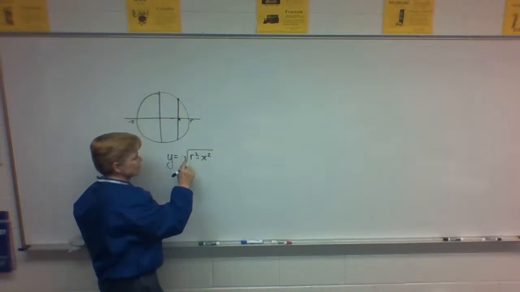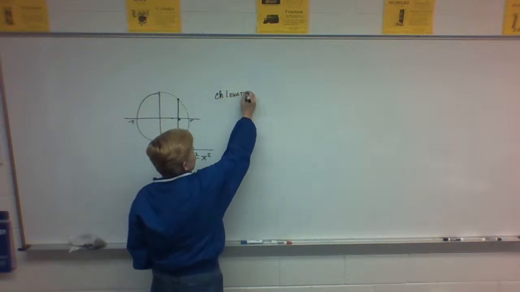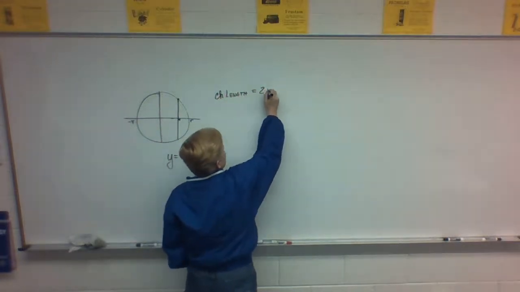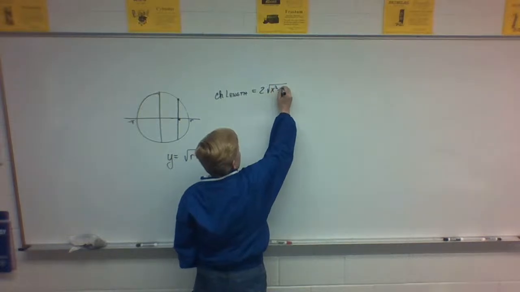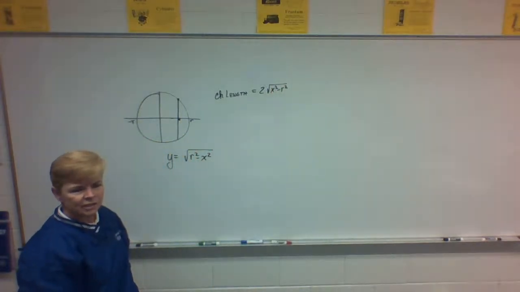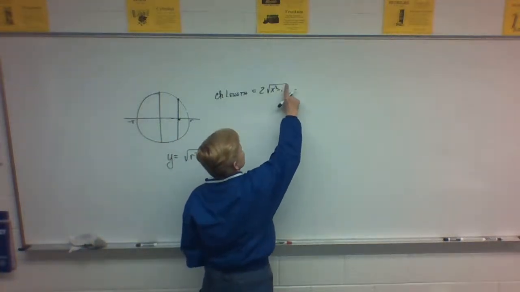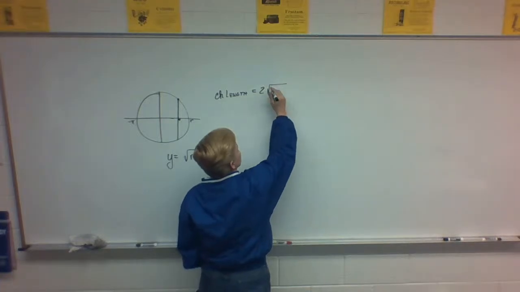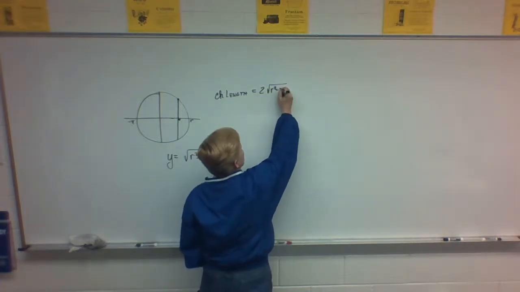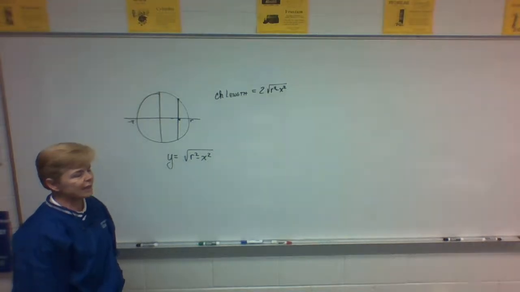So the chord length is twice that. Isn't it? Does that make sense to you or not? The square root of r squared minus x squared. Yes, now I can see why you're all looking at me funny. That's what I get for talking while I'm trying to write. Thank you for that. Now, does it make sense to you that that's what the length of any given chord is?